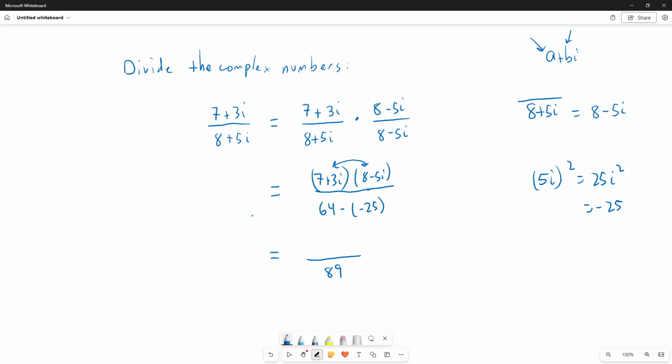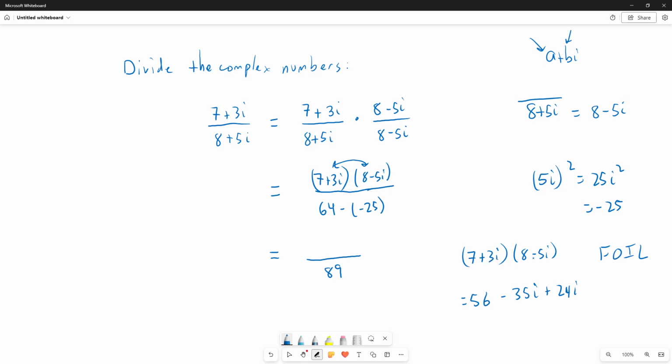So let's move off to the side here and multiply 7 plus 3i times 8 minus 5i using the distributive property, the so-called FOIL method, first, outside, inside, last. So 8 times 7 is 56. 7 times negative 5i is negative 35i. 3i times 8 is 24i.